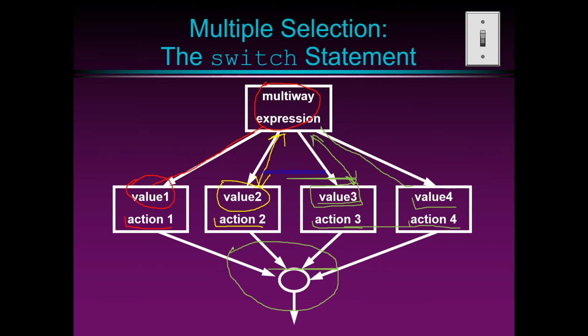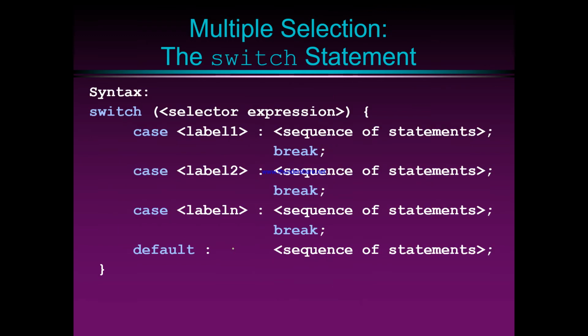Let's explain in more detail. This is the syntax of the multi-way expression, the multi-selection, that is the switch statement. First of all, you must write switch, and you know that C++ is a case sensitive language, so all the letters in switch are in lower case. Switch is a reserved keyword.